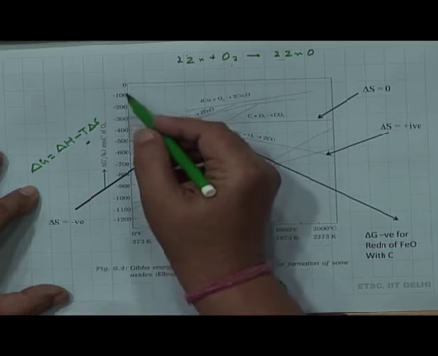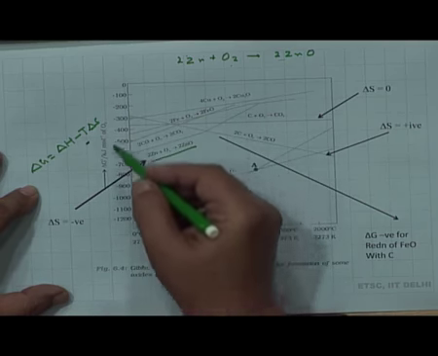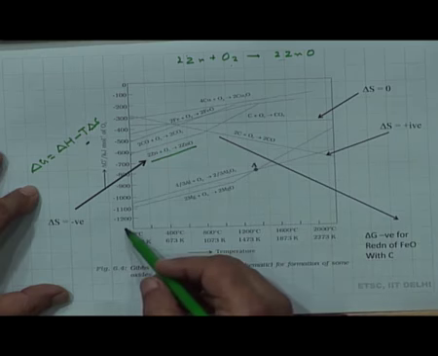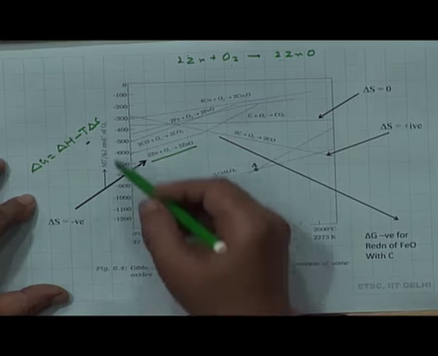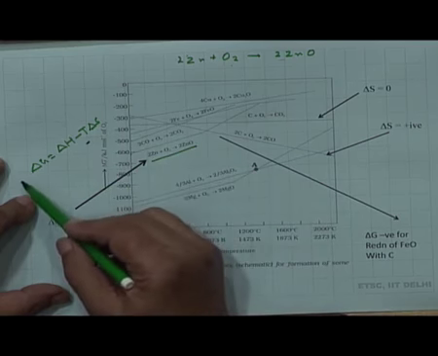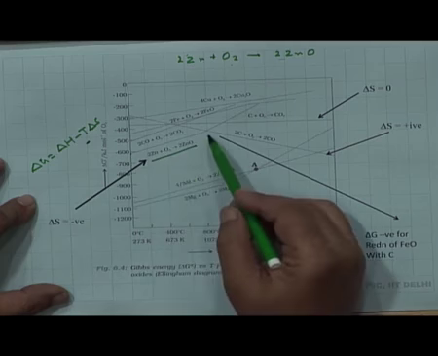Please note that on this plot delta G is becoming more and more negative downwards, and more and more positive upwards. So, delta G will become less negative.